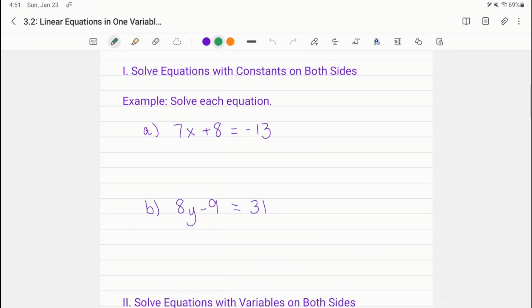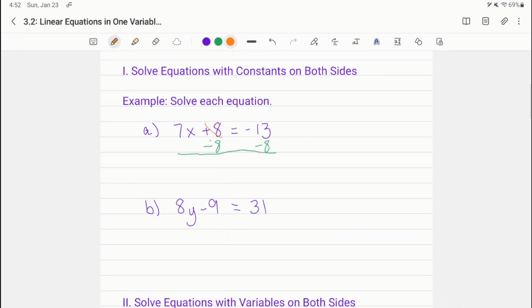steps for doing it. So when you're solving an equation, you want to get all the constant terms on the same side of the equation before you get the variable by itself. So in order to do that, for example, for 7x plus 8 equals 13, we're going to subtract 8 from both sides.